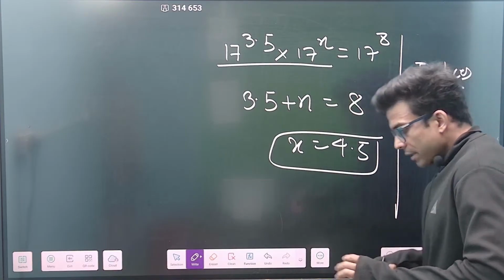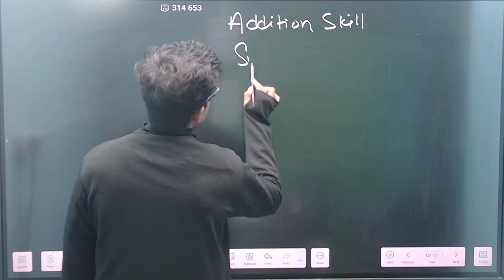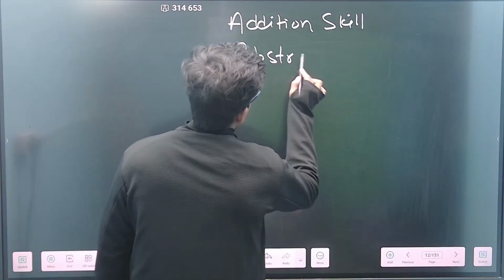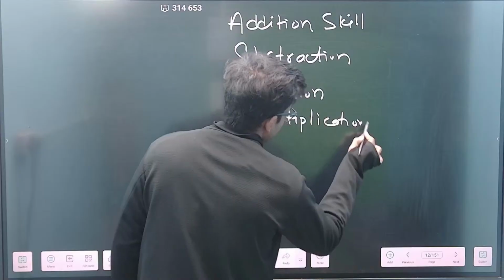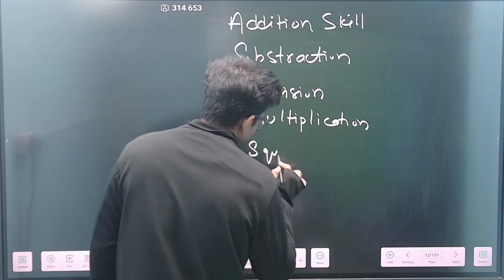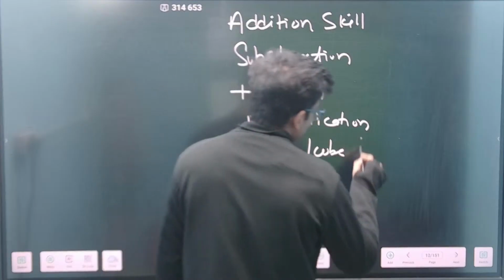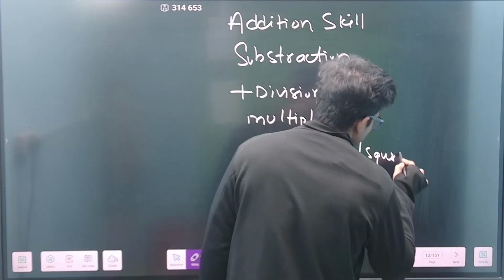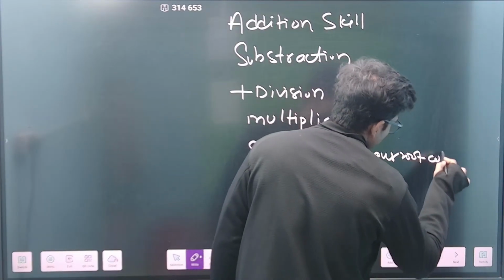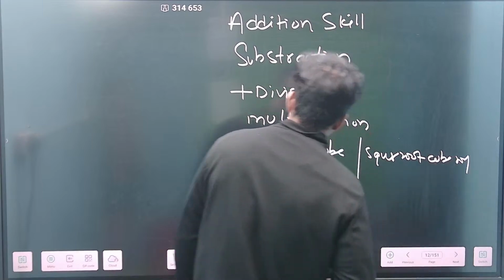So guys, in this whole course of speed maths, what have we done exactly? We have done subtraction skills, I hope you have watched my session. We have done squares, correct? We have done cubes. We have done square roots and cube roots both, correct? I hope you are getting it.